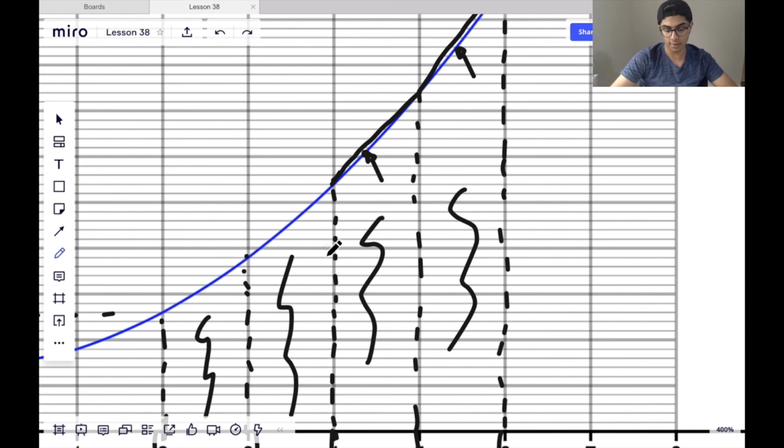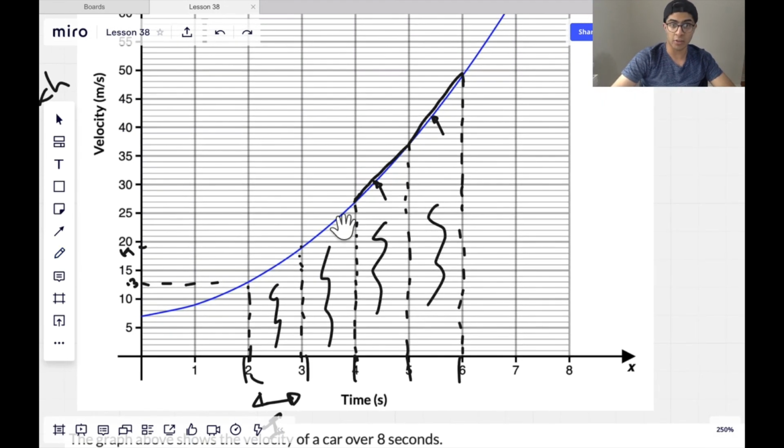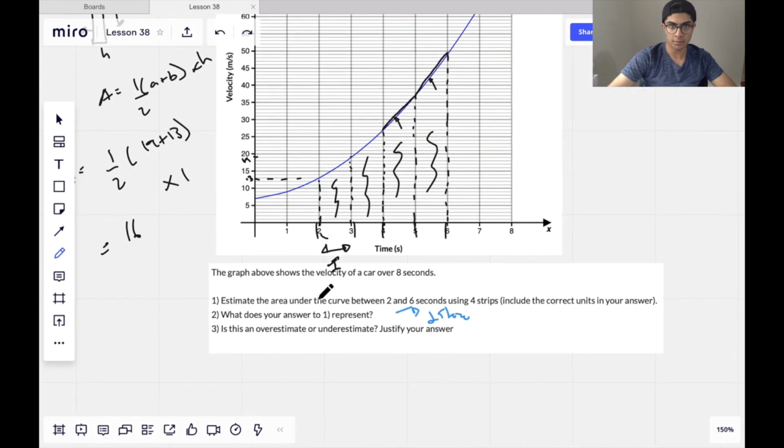So that means the area we estimate with trapeziums is greater than the area underneath the curve.